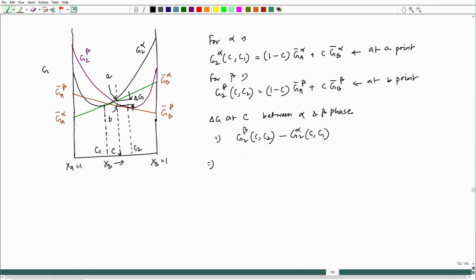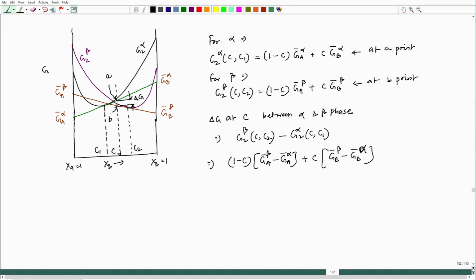So, it comes 1 minus C, G A beta bar minus G A bar alpha, plus C, G B bar beta minus G B bar alpha. Okay. So, that is the free energy difference between these 2 points A and B.